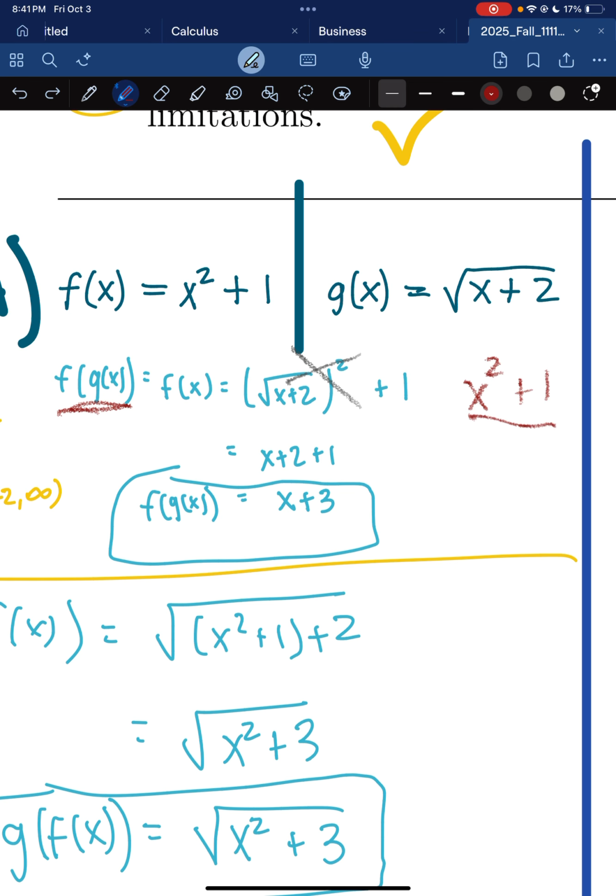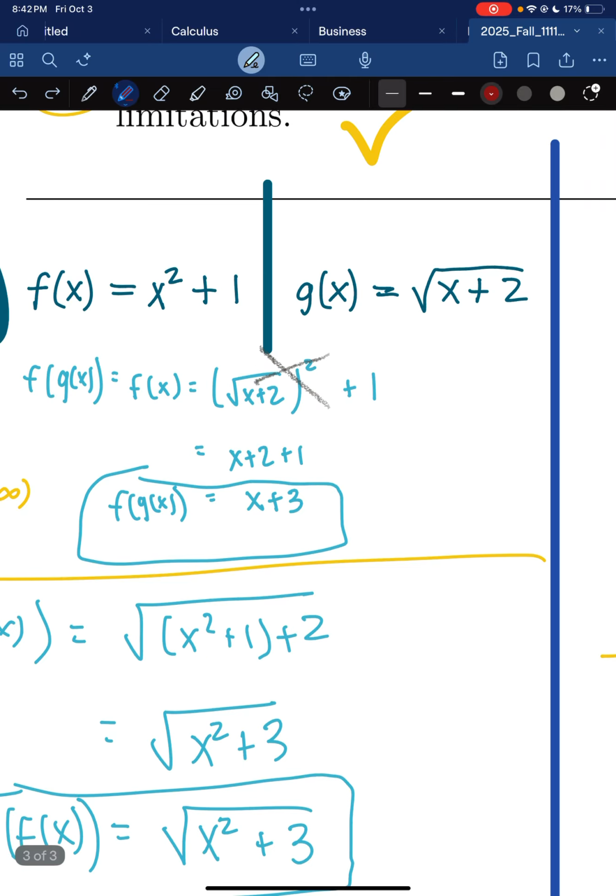So we're going to go from this, and we're going to plug in this for this. So square root of x plus 2, squared, plus 1, which is what we're doing right there. And obviously, as you can see, the squared and the square root cancel out.